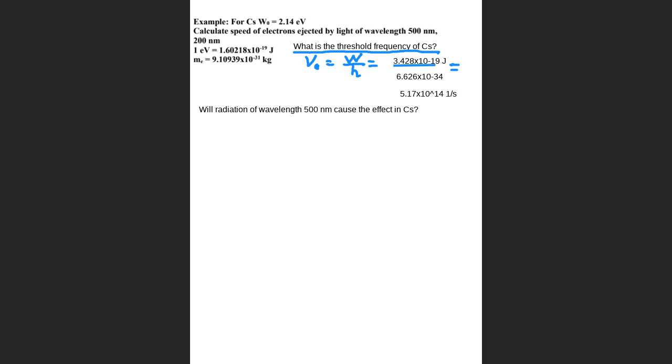Now, I'll show you a trick that will come in handy throughout the rest of the semester. We know the energy of the photon is h nu. We also know that nu is c over lambda. Paul says find if the frequency is greater than the threshold frequency. Yes, that would also work.